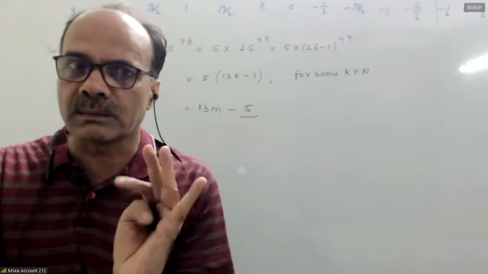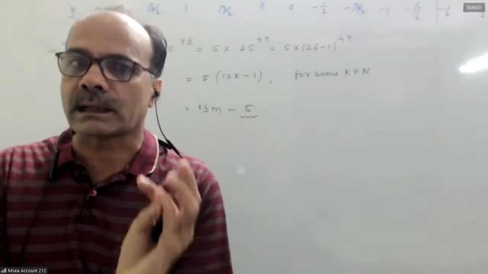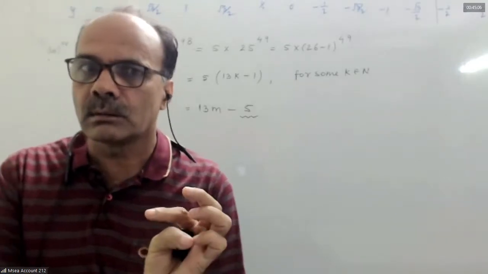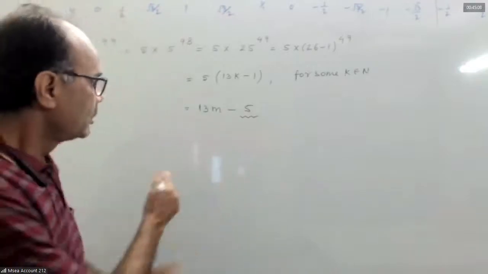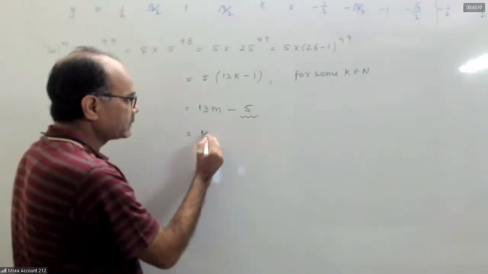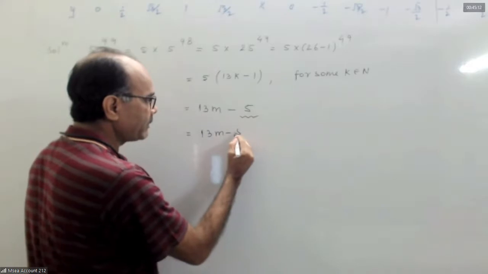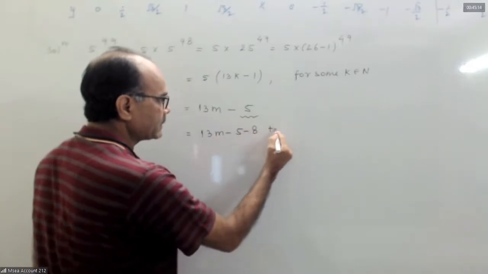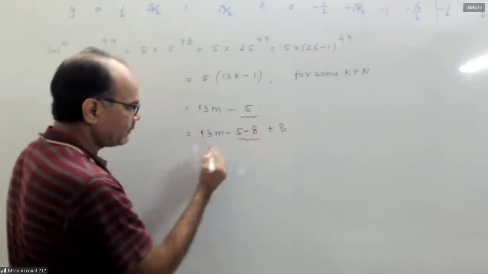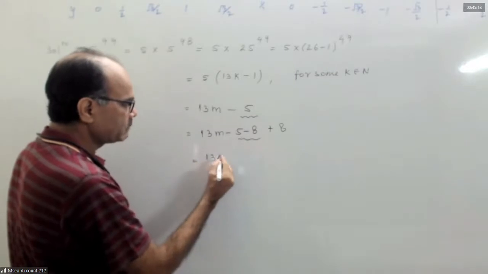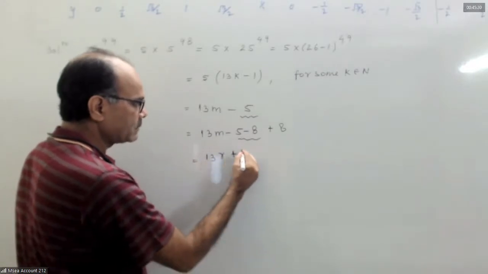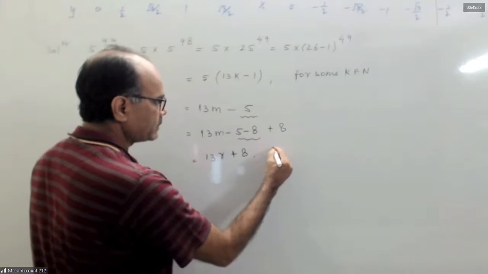If you divide some number by 13, can it be negative? No, sir. So what we do, 13m minus 5 minus 8 plus 8. This will be minus 13. This will be 13r plus 8, for some r belongs to n.